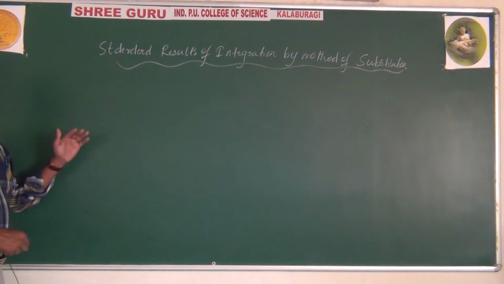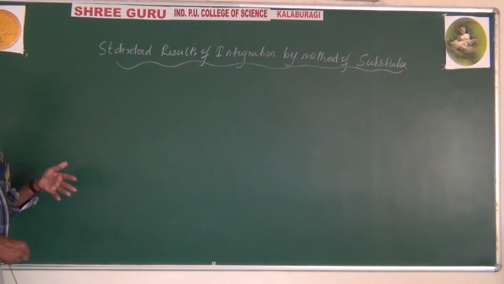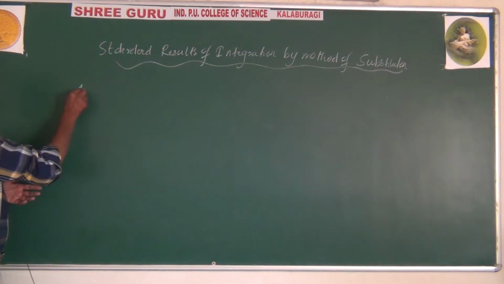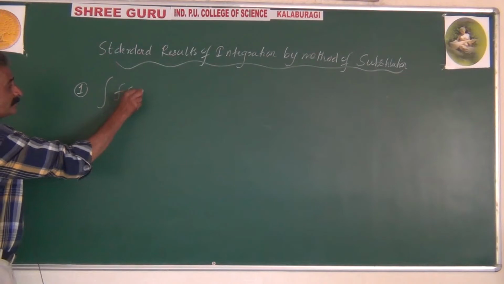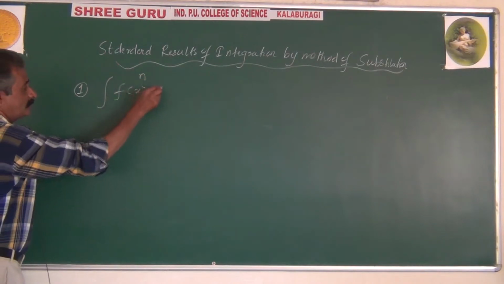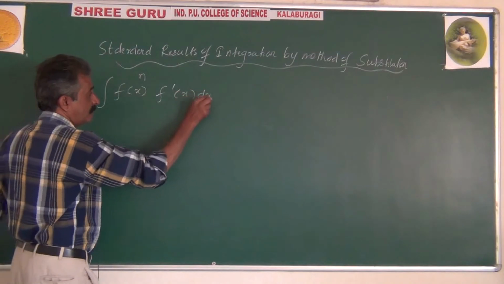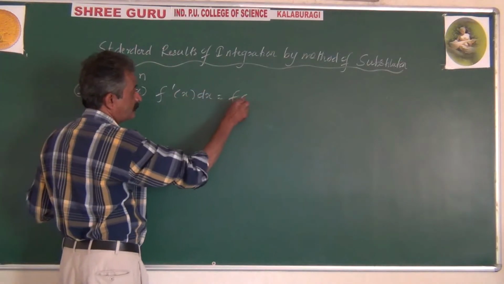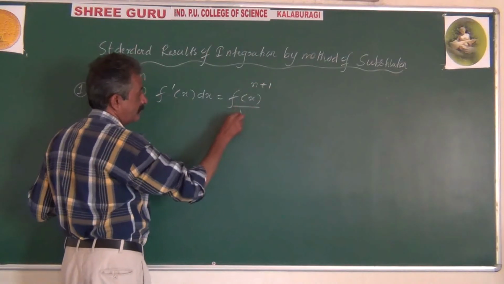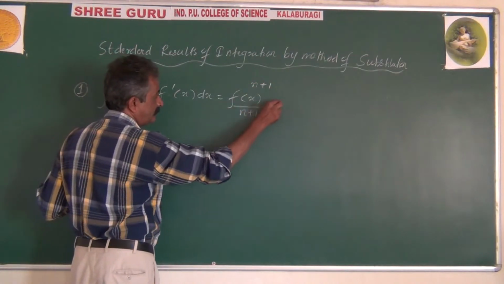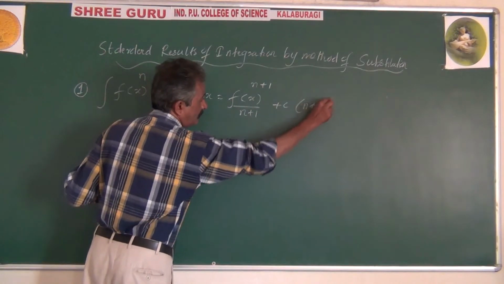Proofs of these four results are not required, I am just proving one. First one: integration of f of x to the power of n into f dash of x dx. The answer will be f of x to the power of n plus 1 divided by n plus 1 plus c, where n is not equal to minus 1.